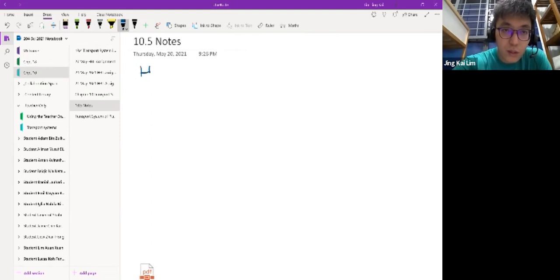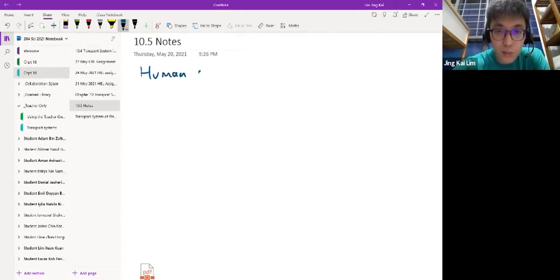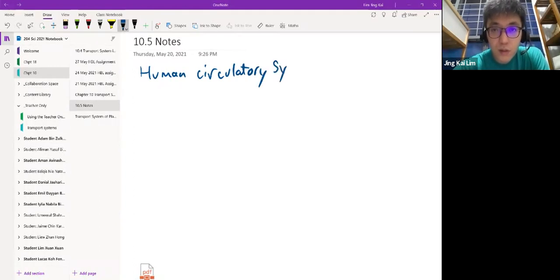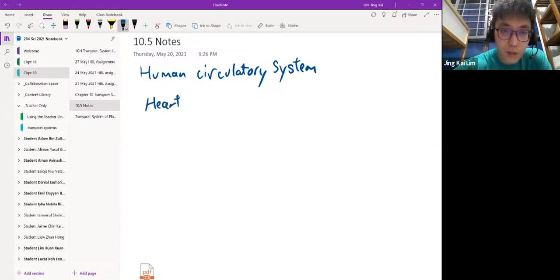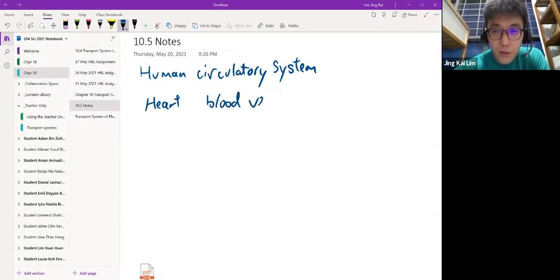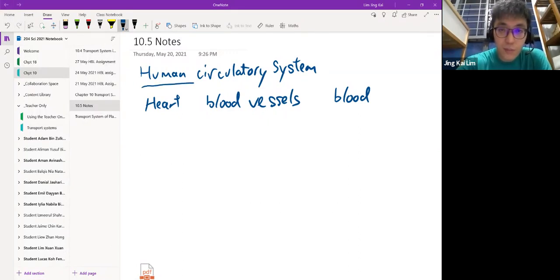The human circulatory system basically consists of the heart, the blood vessels, and the blood inside the heart, and these are the three main components of the human circulatory system.